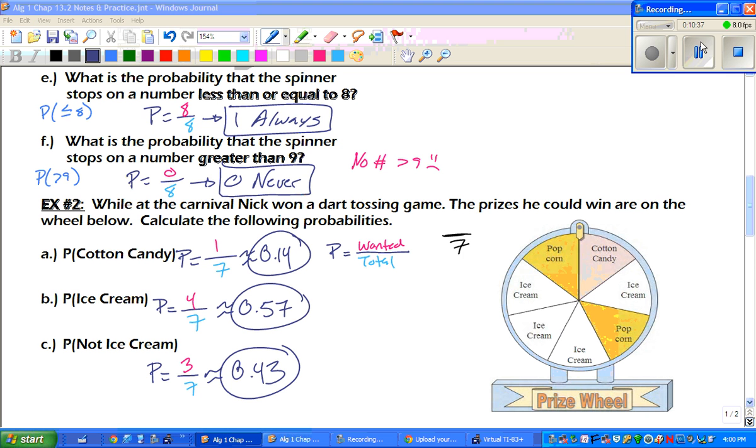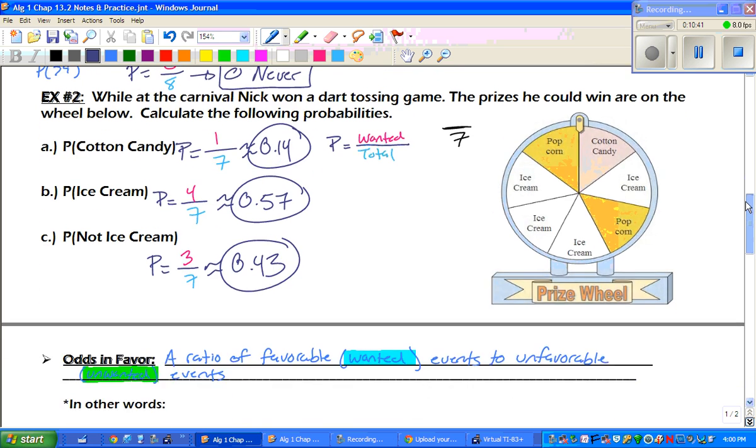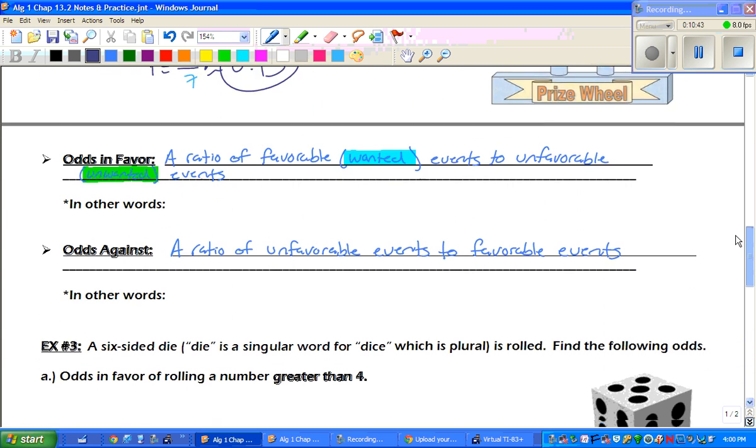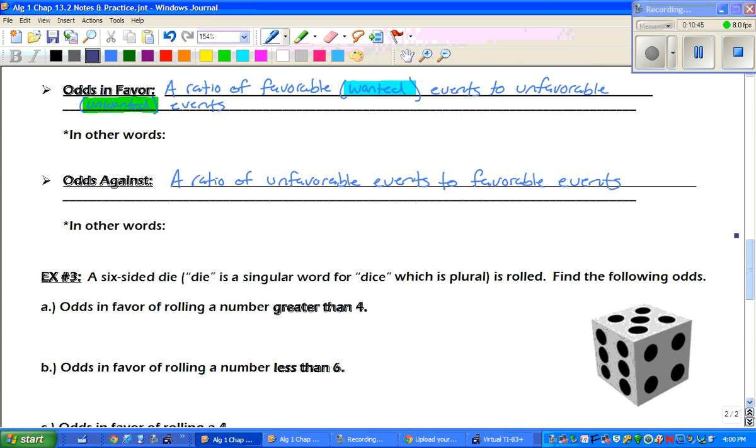All right, let's go. I'm sorry, go ahead and flip it over. And I've already got some of those definitions written down for you. Now, odds in favor and odds against are just a little bit different, okay? Odds in favor is a ratio of your favorable or your wanted events to unfavorable or your unwanted events, okay?